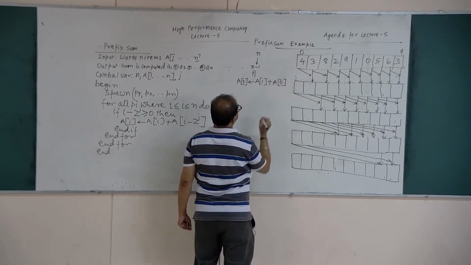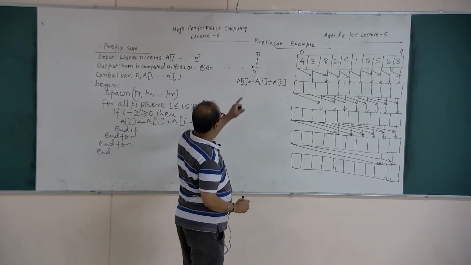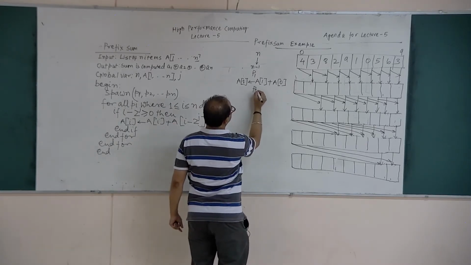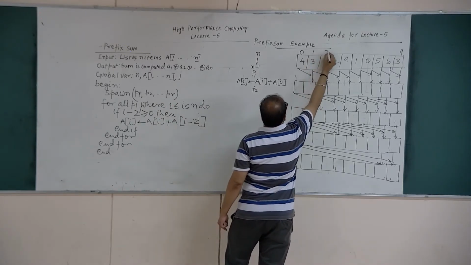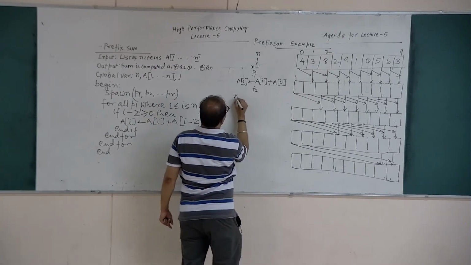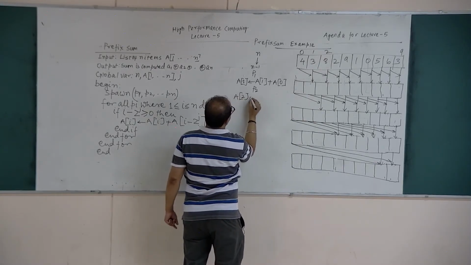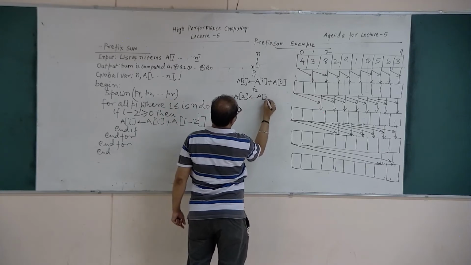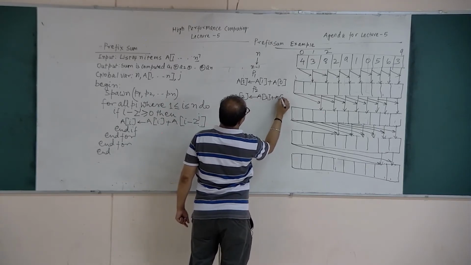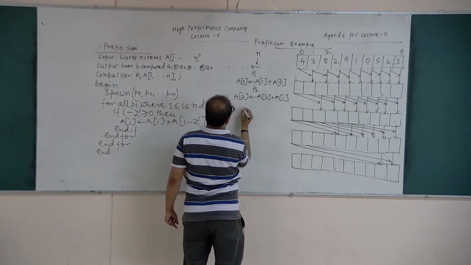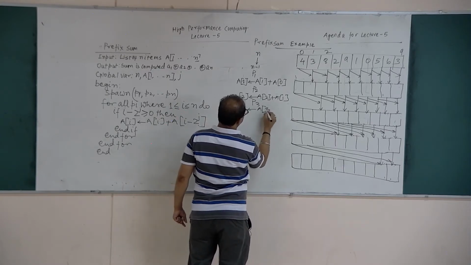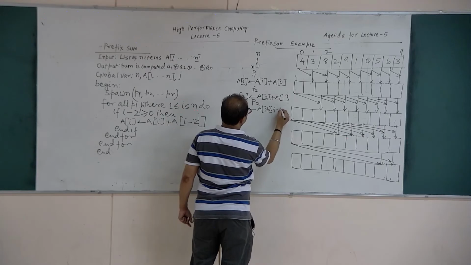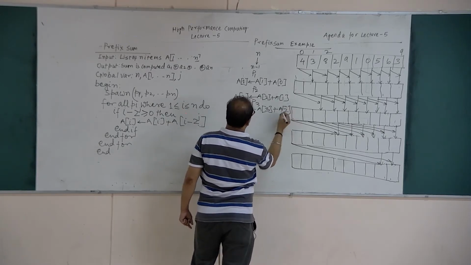Similarly, processor P2 is adding A2 and A1. Is it clear? And processor P3 is adding A3 and A2. So you can see it is adding the current number with the previous number, and so on and so forth.